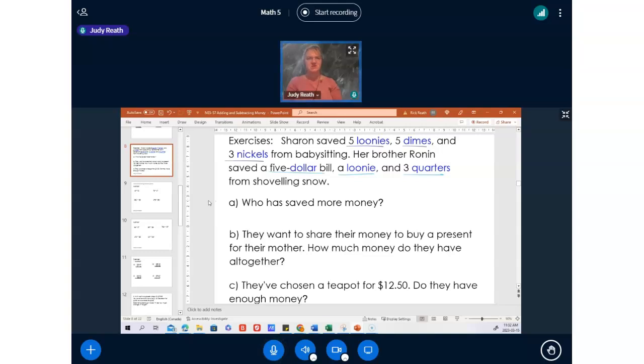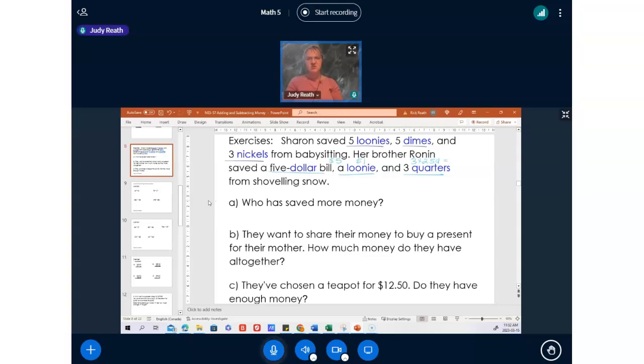Well, because I've got this light blue already on my pen, let's add these up first. So we've got a $5 bill. That'll be $5 like that. A loonie we know is $1. And 3 quarters, each quarter is 25 cents, so that will be 3 times 25 cents, right? And remember we worked on this before.